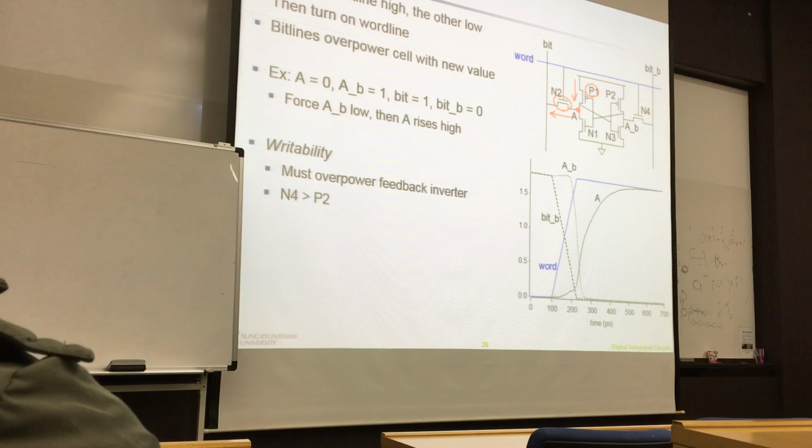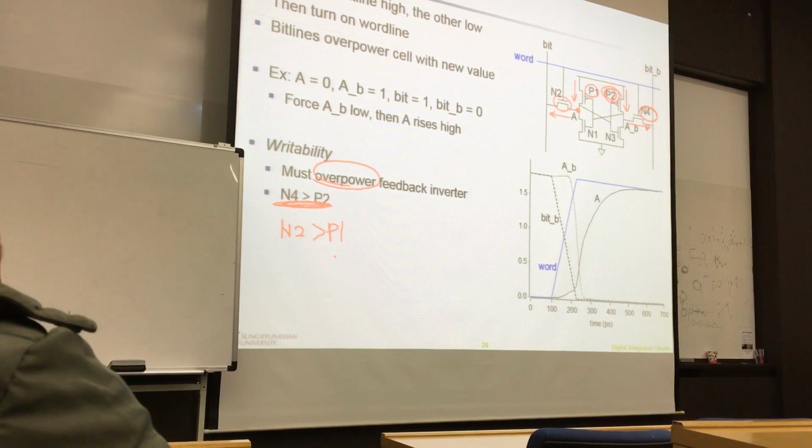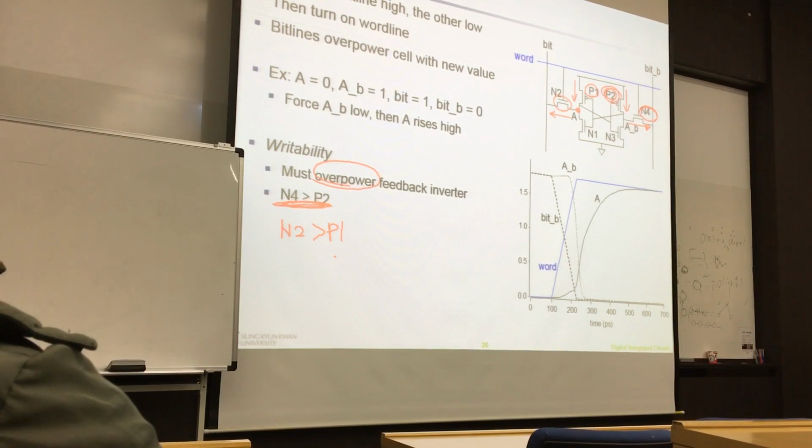Or in other words, this should be stronger than P2 pulling it up. So you should be able to overpower, right? So that means your N4 should be stronger than P2, or your N2 should be stronger than P1. That's required for the write operation.